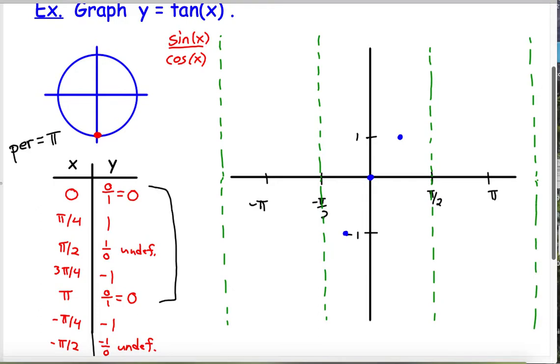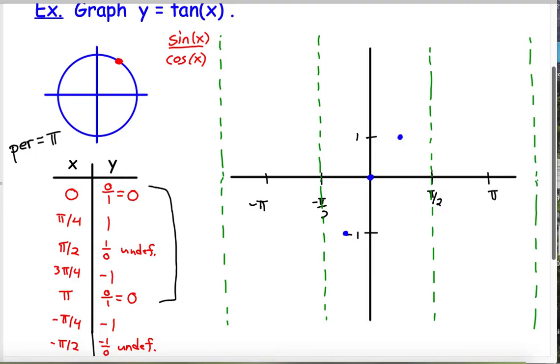All right, so let's look at this one section between negative pi over 2 and pi over 2 for our tangent. What's happening as we get closer to pi over 2? Let's look at this on the unit circle. Here the sine was 0, the cosine was 1, so we got 0 for a value. At pi over 4, they both had the same value, so we got 1 for the tangent.